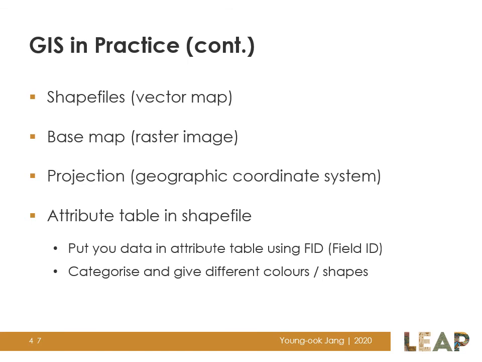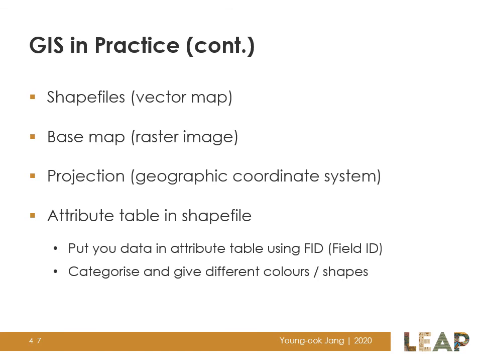Okay. And then the last one is the attribute table in the shapefile. This is something that looks like an Excel sheet, and you can put your data in the attribute table using the field ID.